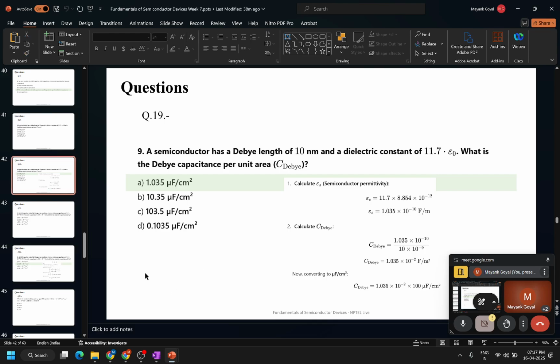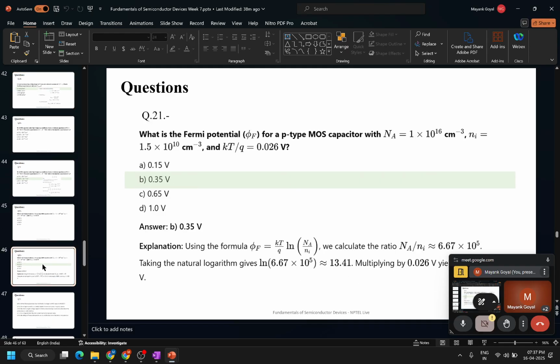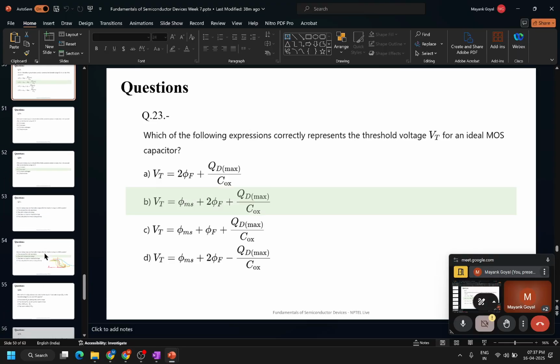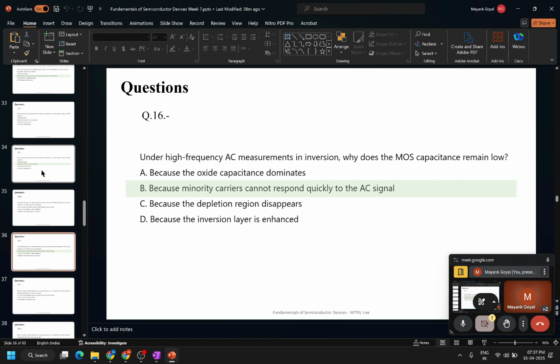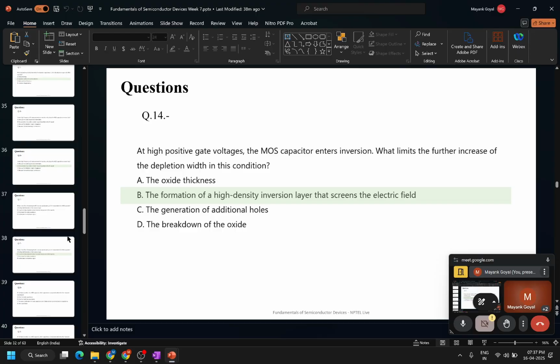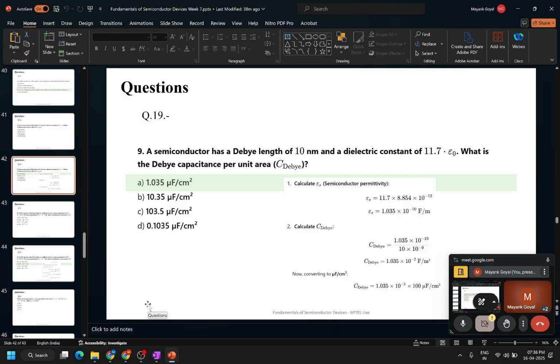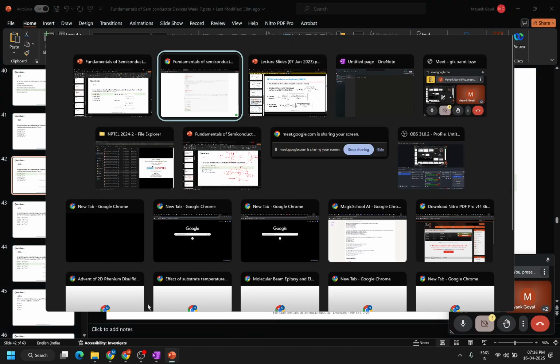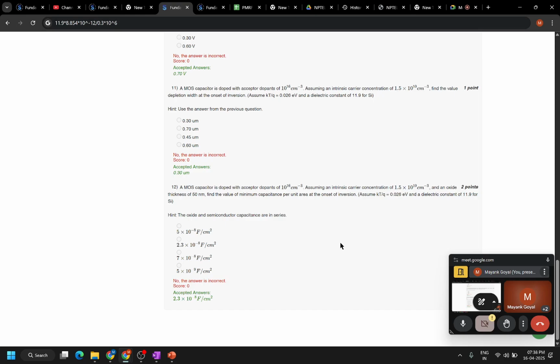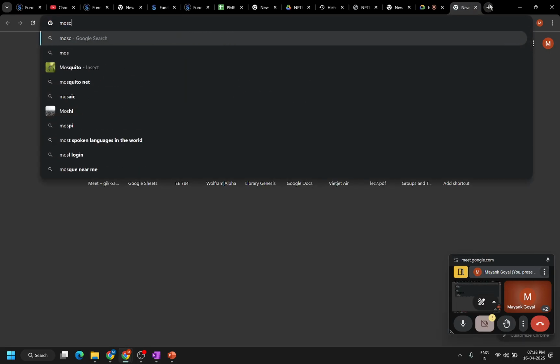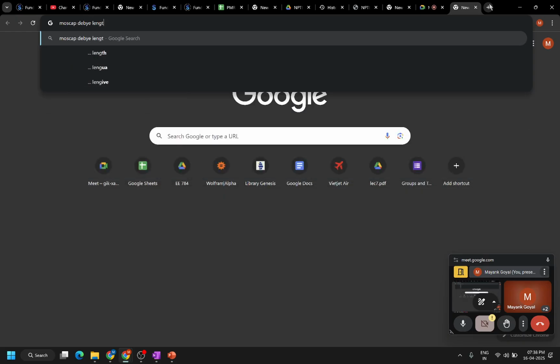The Debye length formula is, if I'm right, lambda D equal to 1 by k, root over of... lambda D equal to root over of epsilon naught kT by n q square. n will be given, sir, the intrinsic carrier concentration.